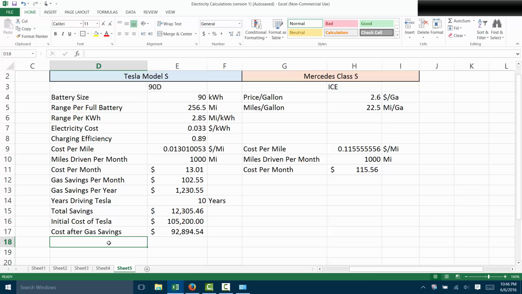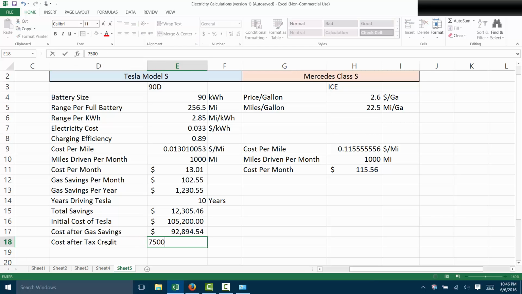So, cost after tax credit. The tax credit is $7,500 still in 2016 and probably sometime in 2017. So the actual price would be that number minus 7,500. That is the current cost of the Tesla.